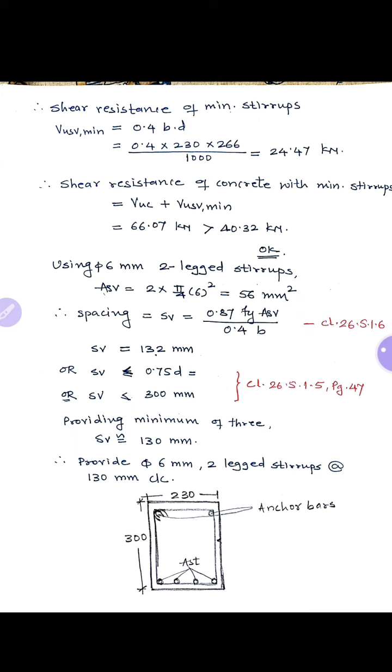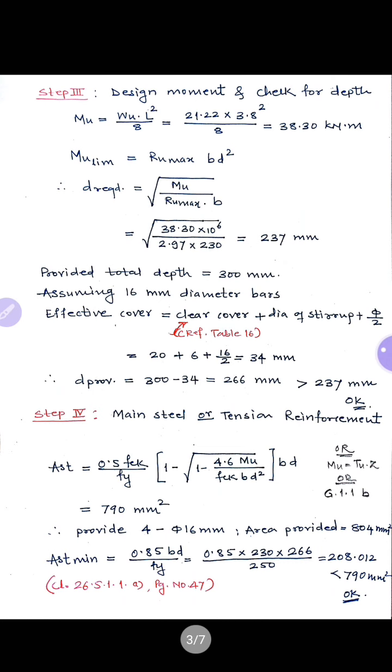So when we have to find out effective depth, we have to consider it as clear cover plus diameter of stirrup plus half of the diameter of the bar. Based on this we are having effective cover as 34 mm. Now when we have considered total depth and we got our effective cover as 34 mm, d effective depth provided is 266 mm, and what we got as d required, that is effective depth required, is 237 mm.